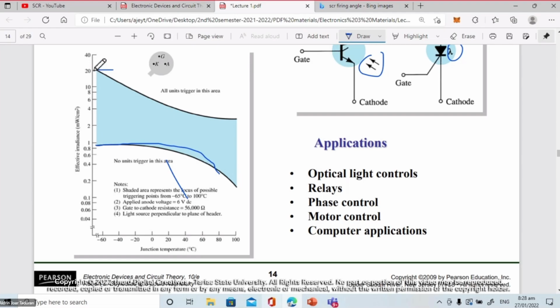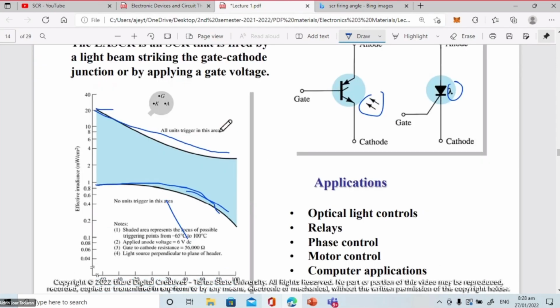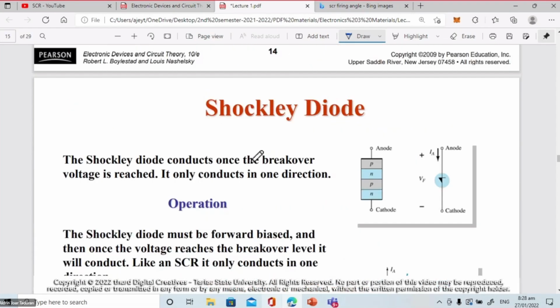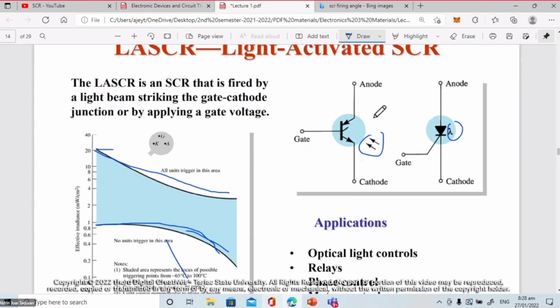Gaano kalaki yung kailangan nating radiant energy para magkaroon ng conduction sa LASCR natin. So application nito, optical light controls, relays, phase control, motor control, and then computer application. Okay. So ito yung symbol niya.